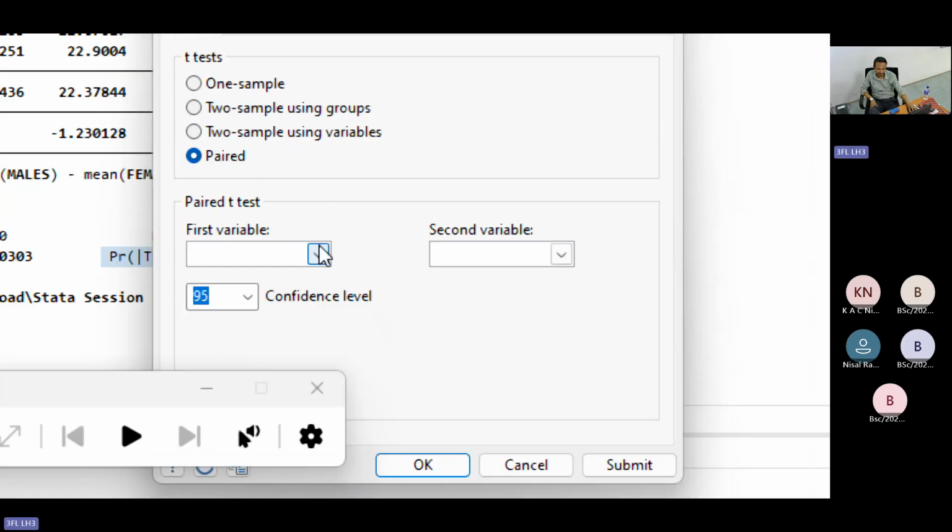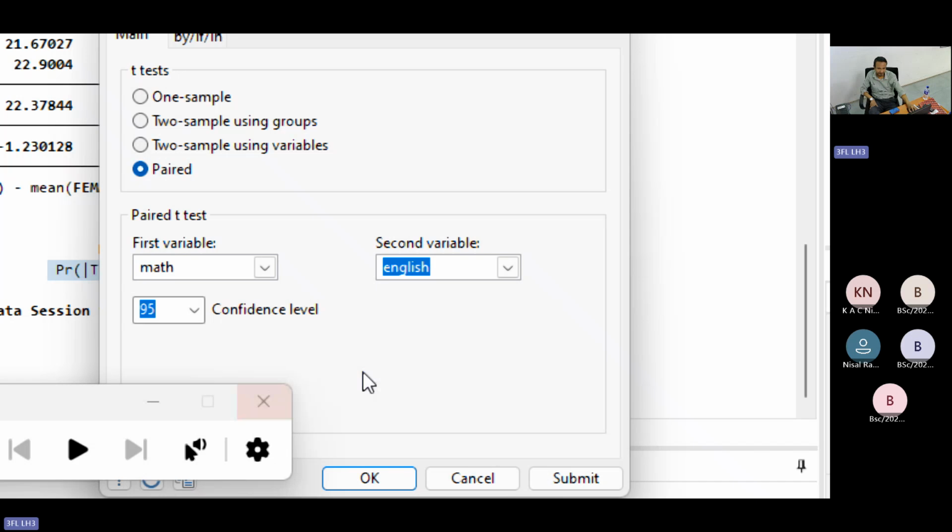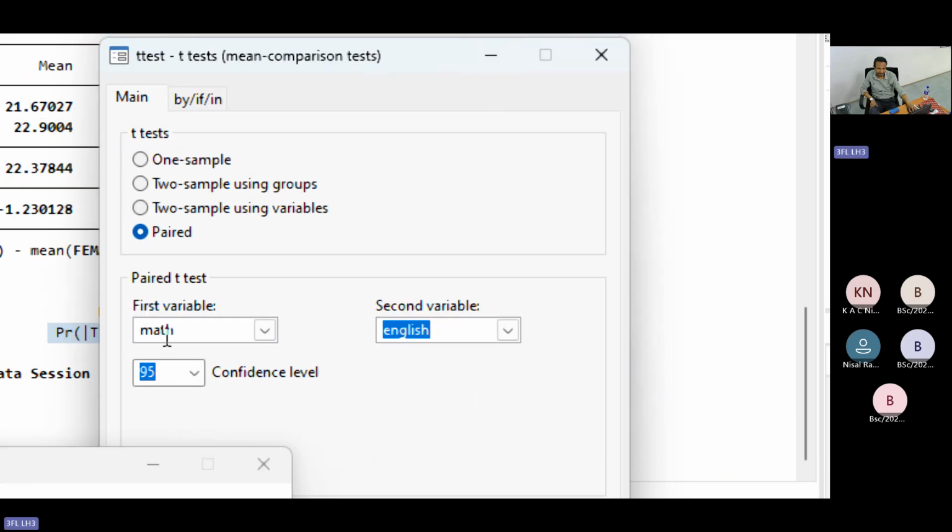And you can see here, the first variable is math. The second variable is English. Then select the variable. That's all. Math and English.